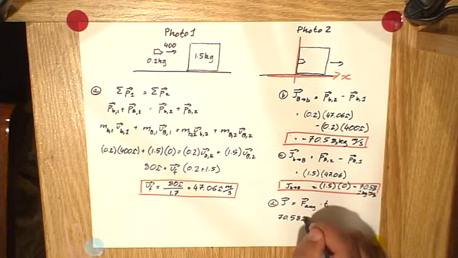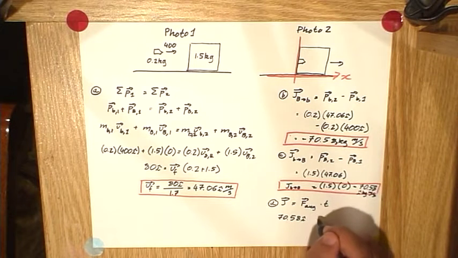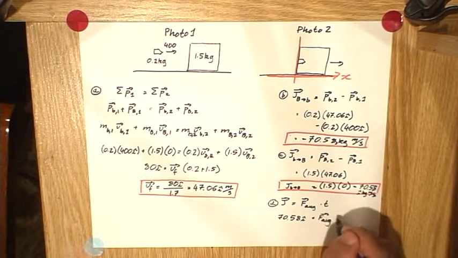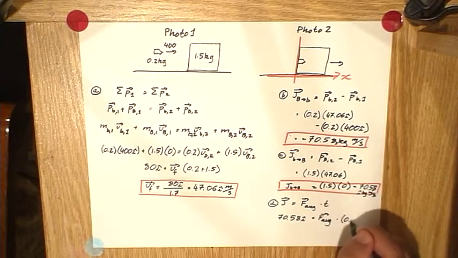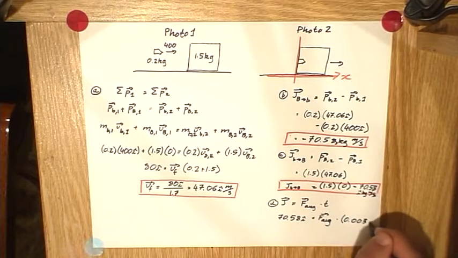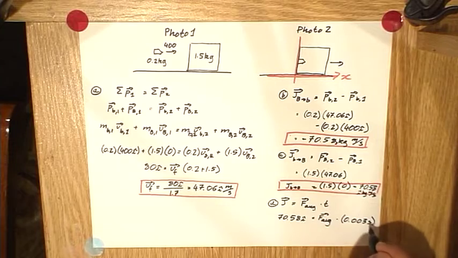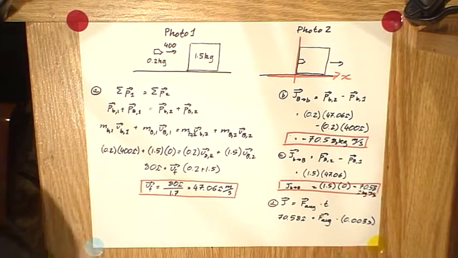So 70.58 i hat kilogram meters per second is equal to the average force times a time of 0.003 seconds. That's what we were told. The collision lasted for 0.003 seconds, 3 milliseconds.